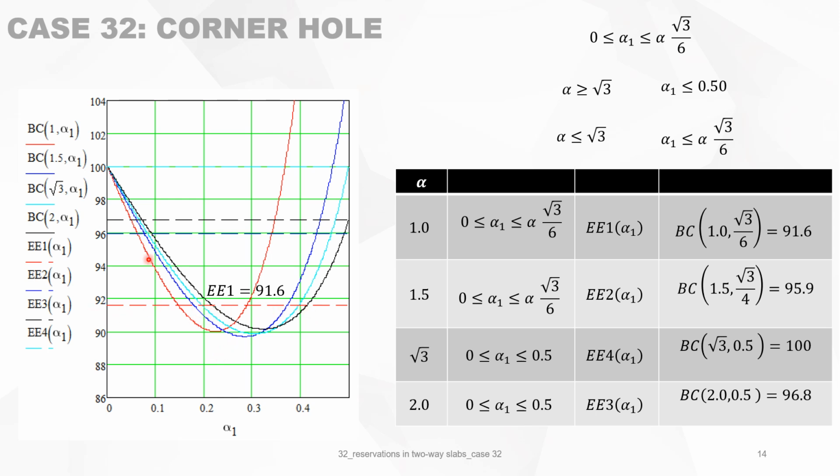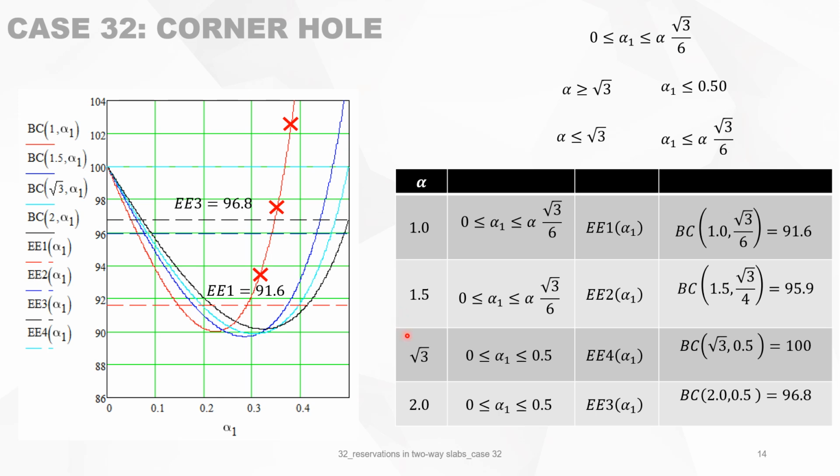This means that for the red line, the value of the bearing capacity is only valid up till this red line, because otherwise you will not fulfill this condition here. So that means that this portion of the line should not be there. This is not valid. So it's only this that is valid.